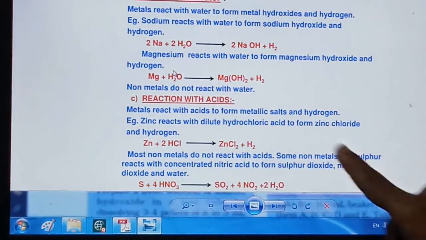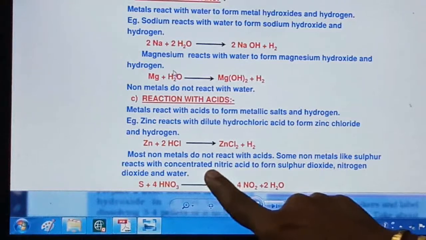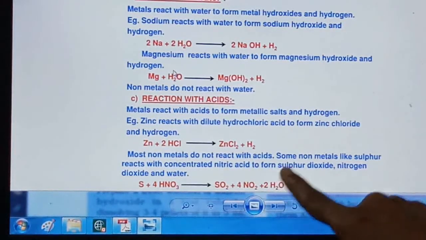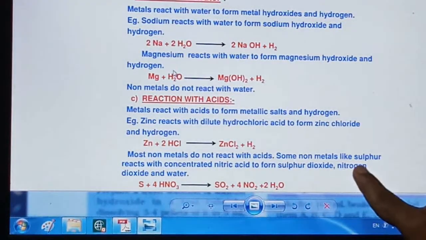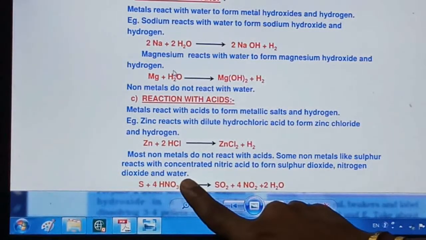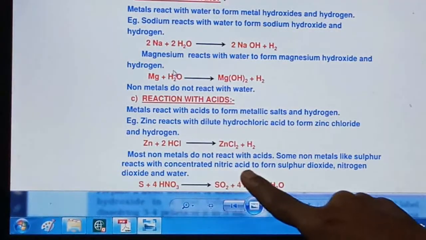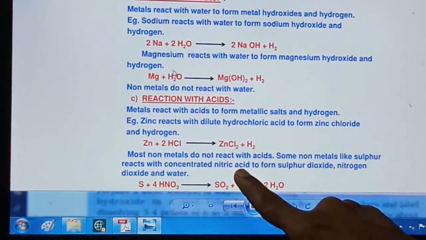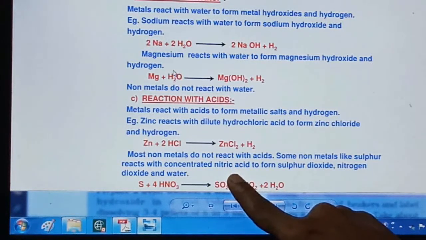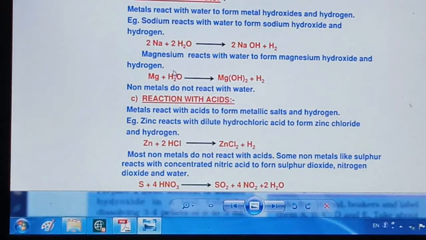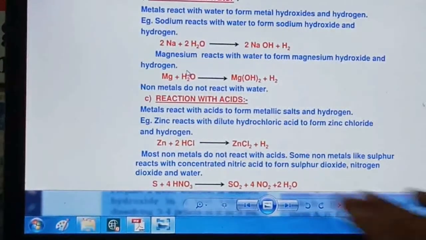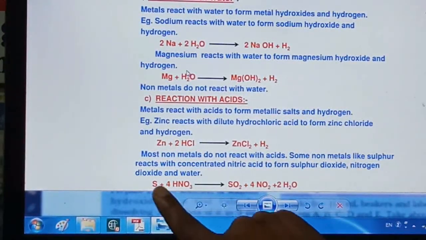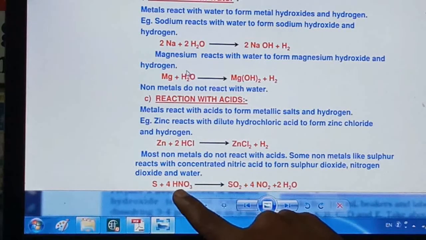Some non-metals like sulfur react with concentrated nitric acid to form sulfur dioxide, nitrogen dioxide and water. Nitric acid is also an acid. So some of the non-metals are there, like sulfur. When they react with the acid, the reaction takes place like this: sulfur plus HNO3.